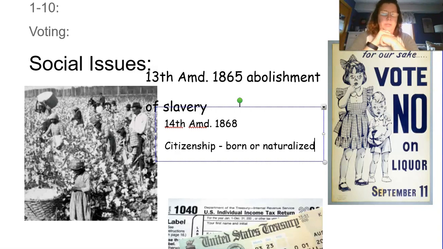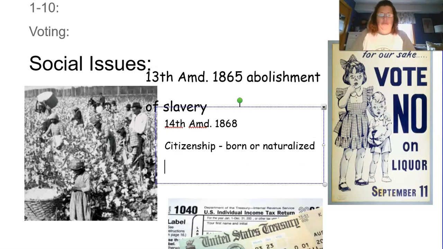And if you're not born on U.S. soil, you have the ability to become a U.S. citizen through a very lengthy legal process. And we talked a little bit about that in class. And so that's the first big one. And it said that many of the former slaves that were in question here were born in the United States, so they were automatically considered U.S. citizens.